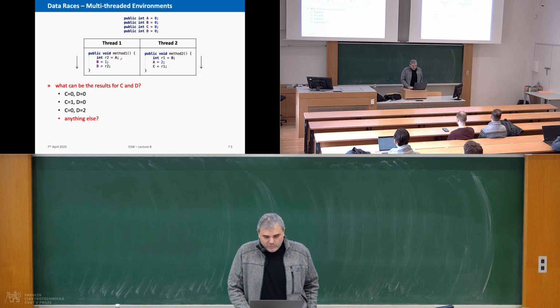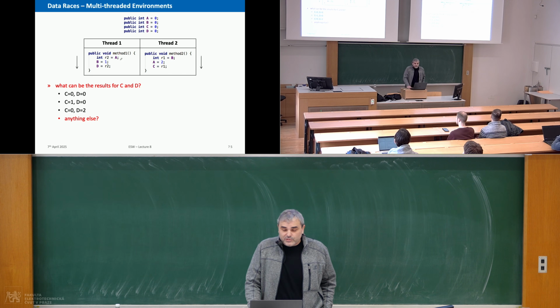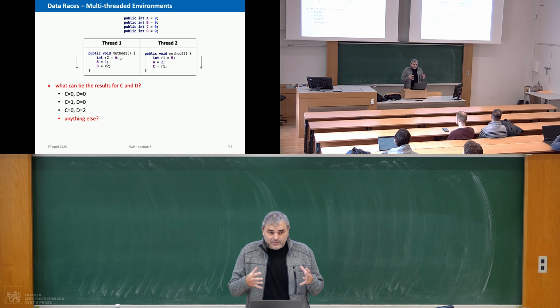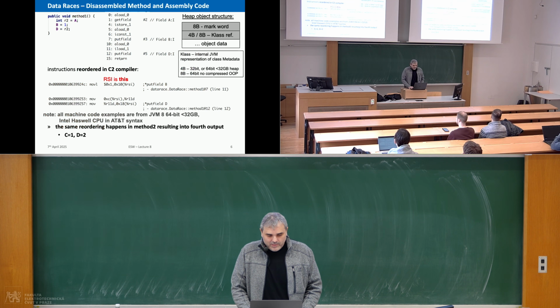But there is also one more combination which is missing, because you have 2 values, 1 and 2. That combination can occur as well, even though it's not directly visible from the source code. Why? Because if you look at the bytecode of method 1, for example, very similar for method 2, you can see it's a direct rewrite of the code in proper sequence, so that's fine.